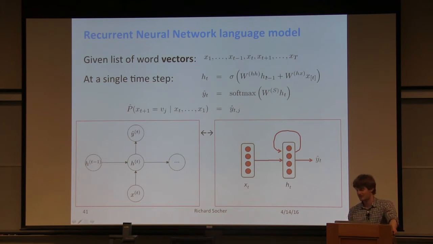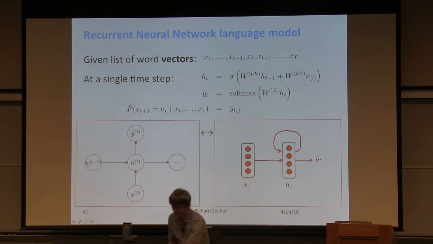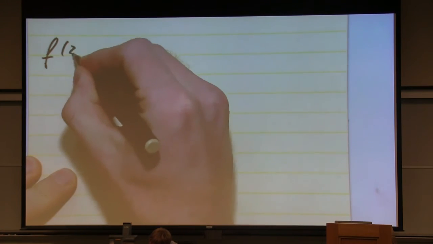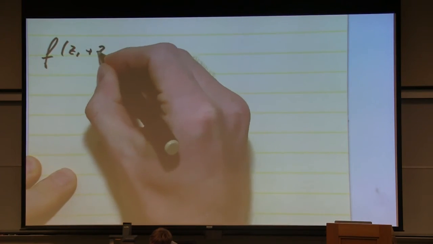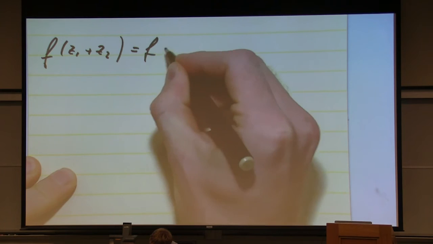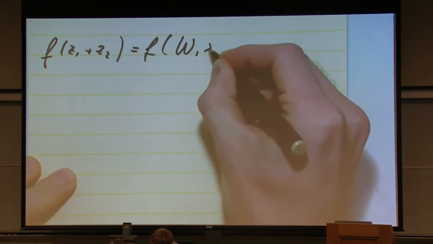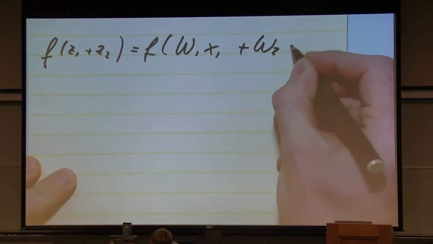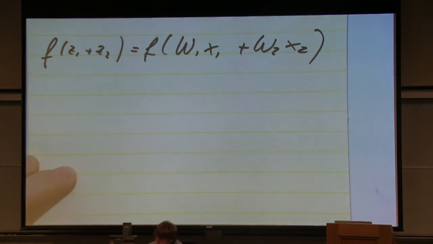Now, whenever you see this, it's important to keep in mind that you could rewrite this as just a standard layer. So when you have some f of z1 plus z2, for instance, that might be f of W1 times x1 plus W2 times x2.